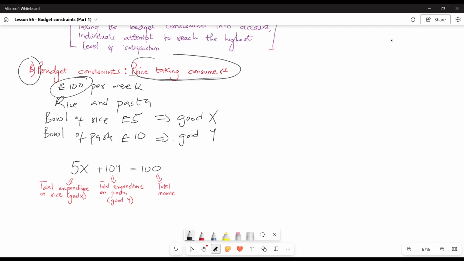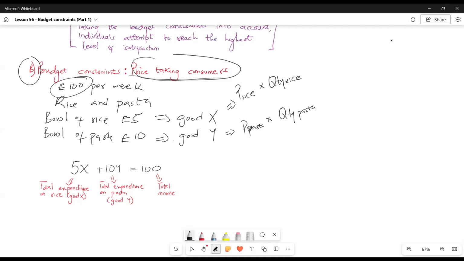And the total expenditure on pasta will be the price of pasta multiplied by the total quantity of pasta that she consumes per week.